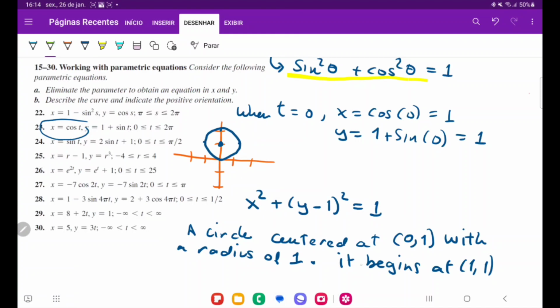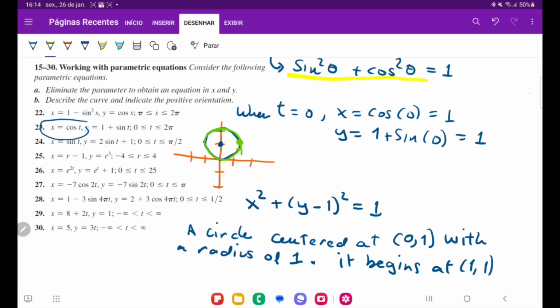So the beginning point is the point 1, 1, and now because the parameter t goes from 0 to 2 pi, and t is positive, right? So whenever we have a positive angle, it's just going to go around from the angle theta equal to 0 all the way out to 2 pi.